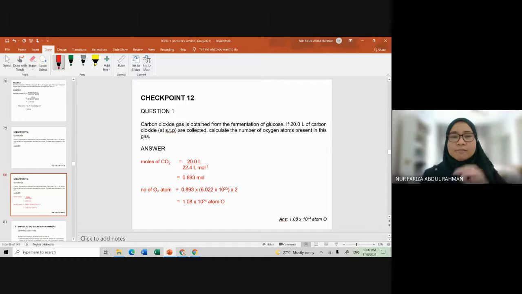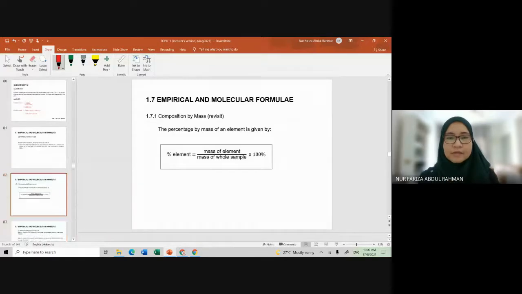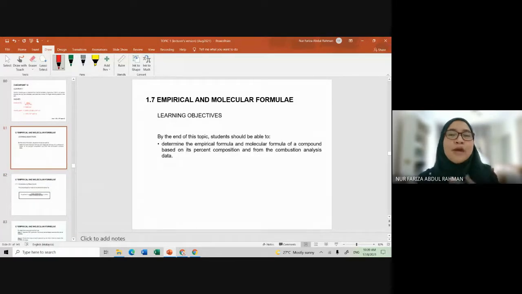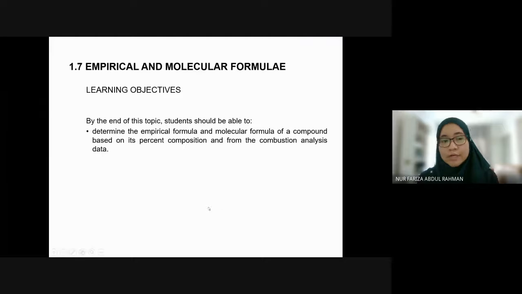So please complete all the checkpoints. We will discuss it next week. Now let's move on to empirical and molecular formulae. Don't worry, I'll discuss the checkpoint. We must discuss the checkpoint, it is either discussed at that time or postponed to another time.